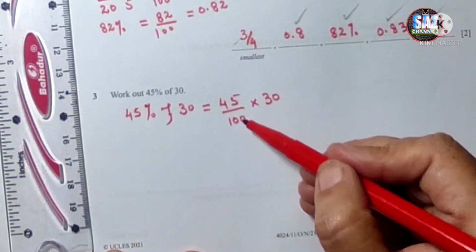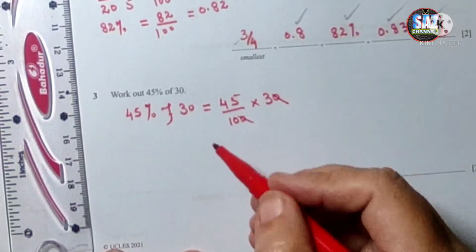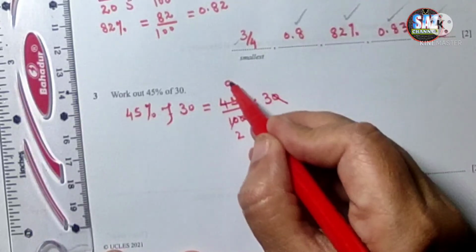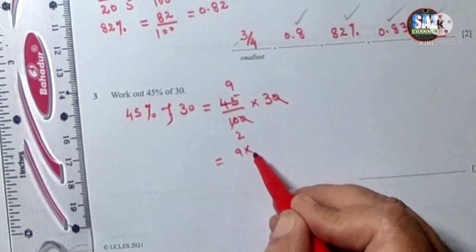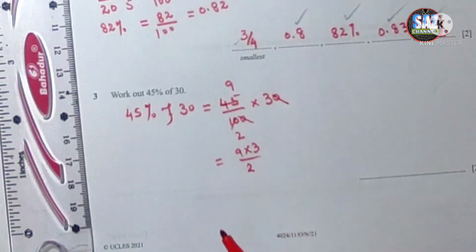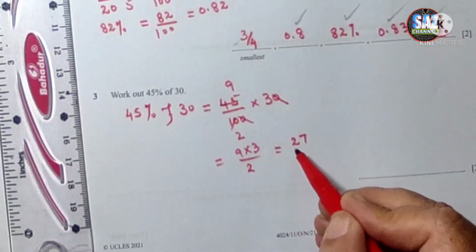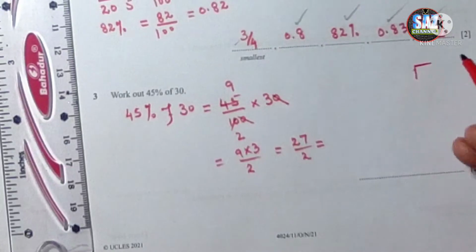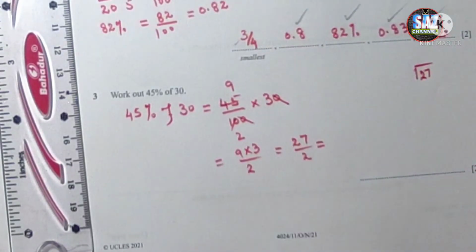Now try to make and learn to make your calculation easy. 0 goes with 0, and 5 2s are 10, and 5 9s are 45, and that will become 9 times 3 by 2, which gives me 27 by 2. This is a 2 mark question, and I want to secure full 2 marks, so there are no chances of mistake.